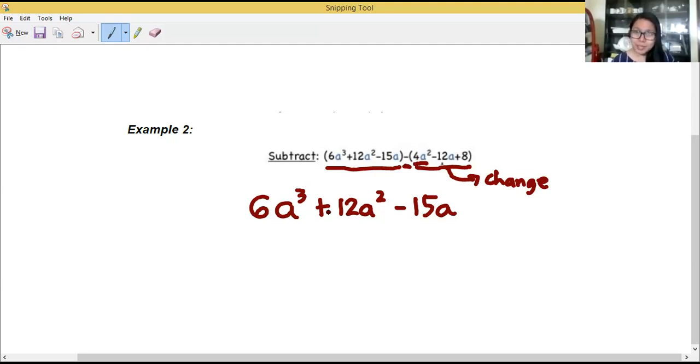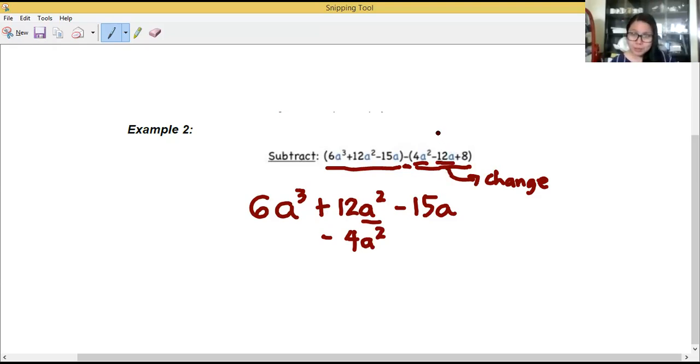So we now have, ready? 4a squared becomes negative 4a squared. Align. This is a squared. So you align it with the a squared. Negative 4a squared. Next, negative 12a. You need to align it with a.